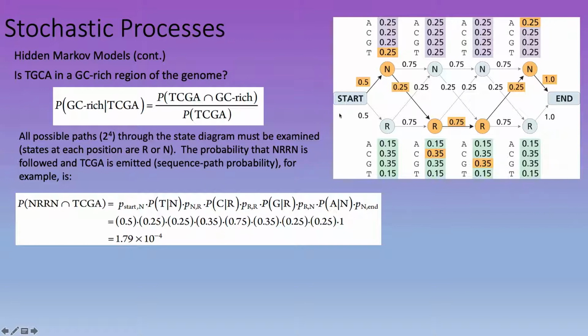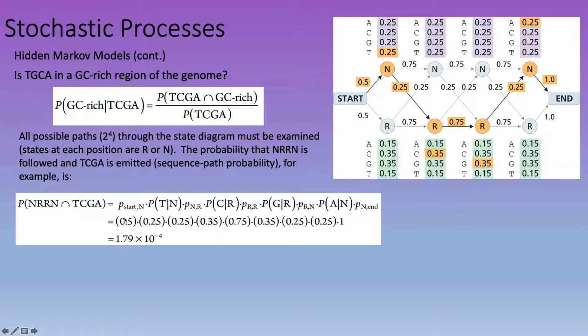We've got the probability of the start times the probability that we have a T in a normal region, times the probability of going from normal to GC-rich, times the probability of being a C in a GC-rich region, times the probability of staying within a rich region, 0.75, times the probability of being a G in a rich region, times the probability of going from a rich region to a normal region, times the probability of being an A in a normal region, times the probability of ending the sequence.